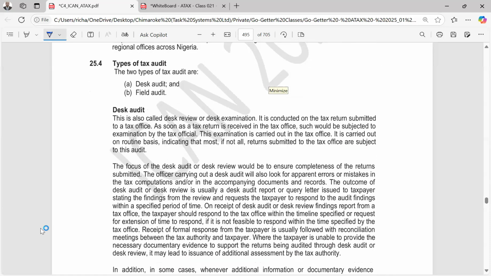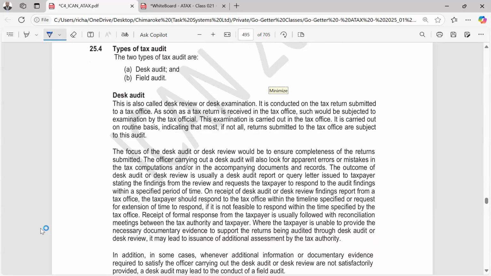For example, you say your rent is 1.5 million. Where is your rental receipt? Where is your rent agreement? Maybe it was not submitted. They will want to know. Are you paying PAYE? Let us see evidence. Even the rent that you paid, show us evidence of withholding tax deducted.